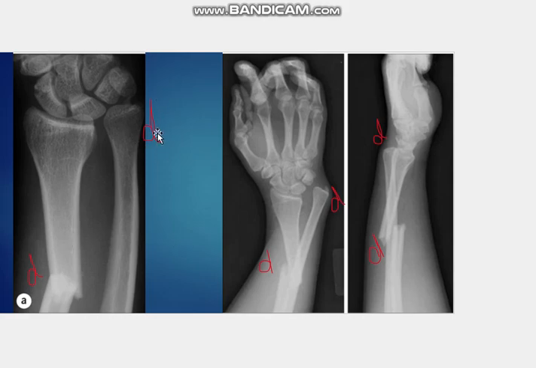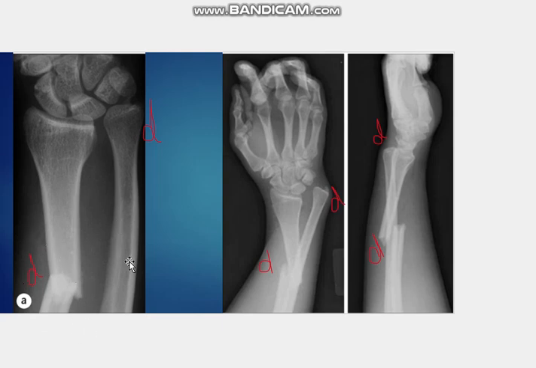The other D is distal radioulnar joint dislocation.